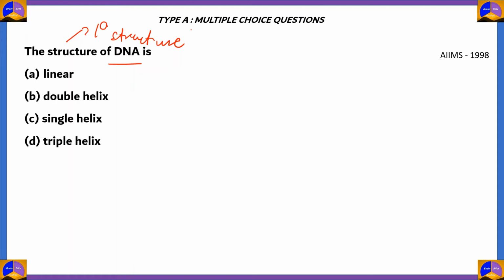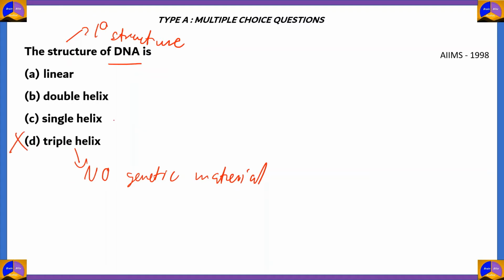So option A is linear, option B is double helix, option C is single helix, option D is triple helix. When it comes to genetic material, no normal genetic DNA has a triple helix structure, so option D is incorrect.